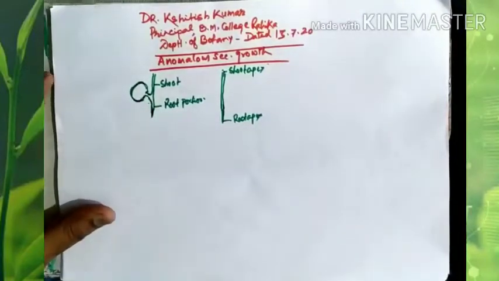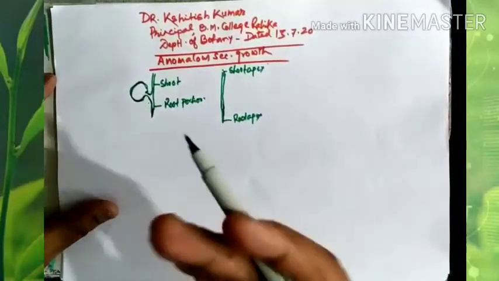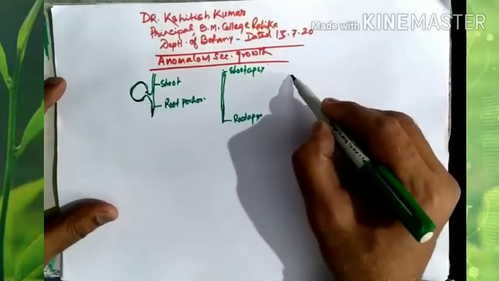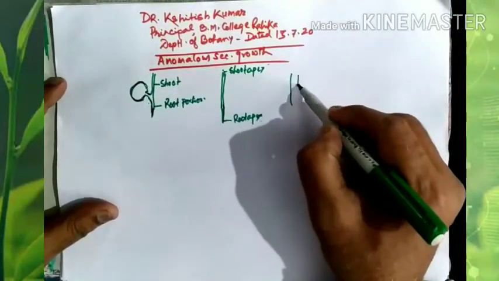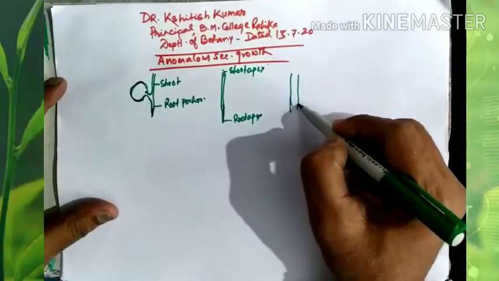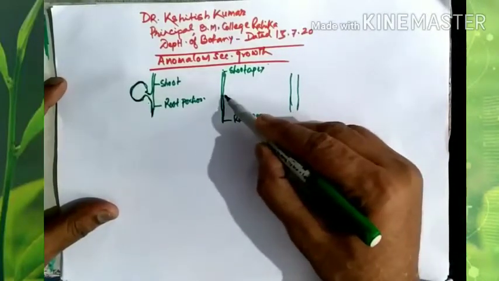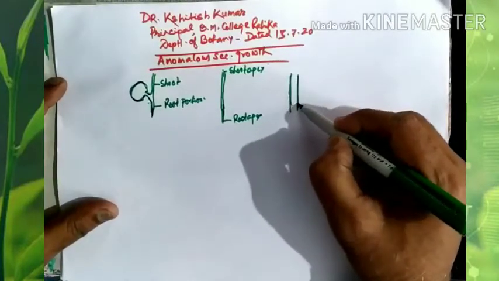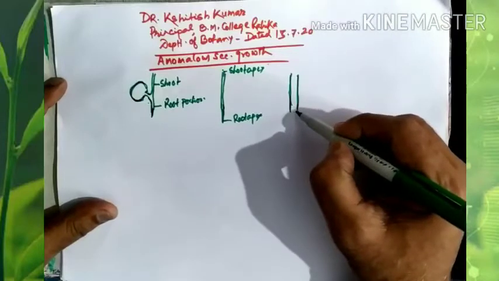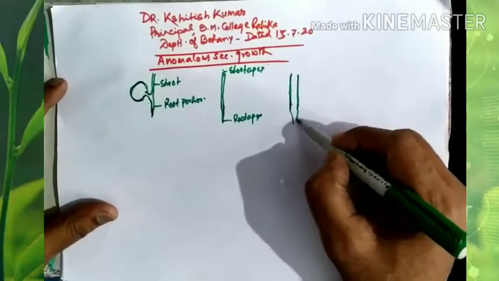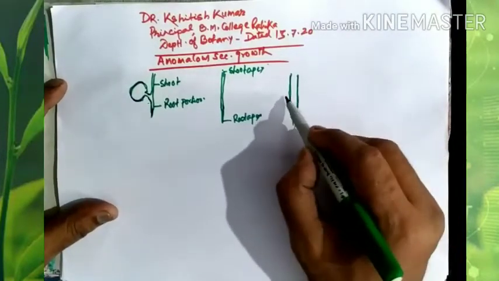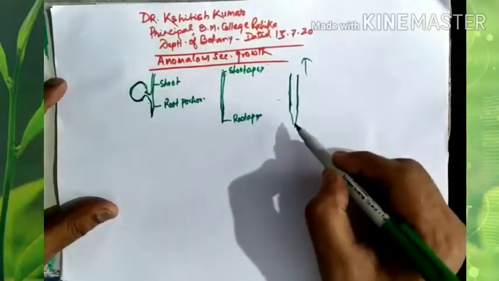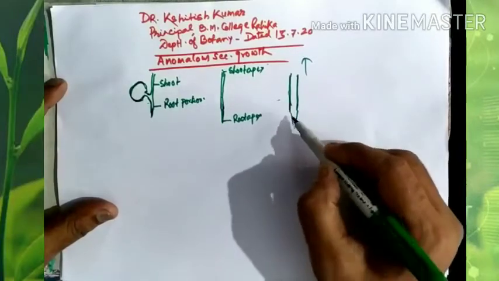It gradually grows in length, and after some time the stem also becomes larger in breadth, or the girth of the plant increases, and also the length of the plant increases.